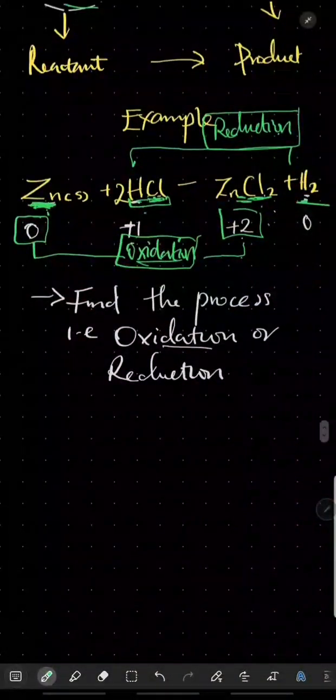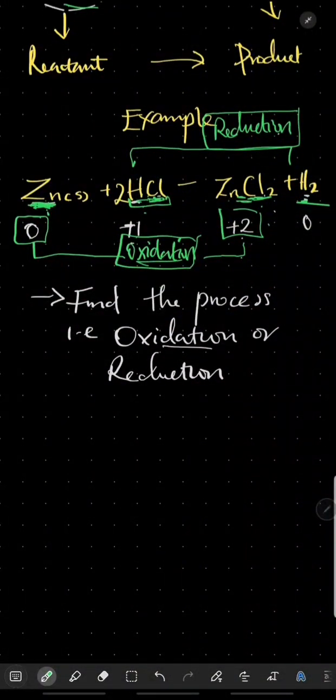So that's to tell you that redox is a story. Now take note of this.